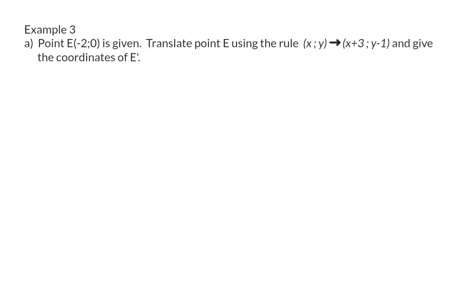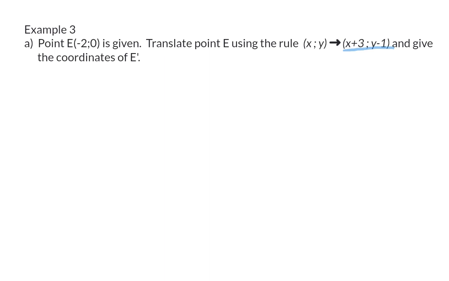Example 3. Point E (-2, 0) is given. Translate the point using the rule (x + 3; y - 1) and give the coordinates of E prime. So here, instead of giving the translation in words, it is described in the general rule.